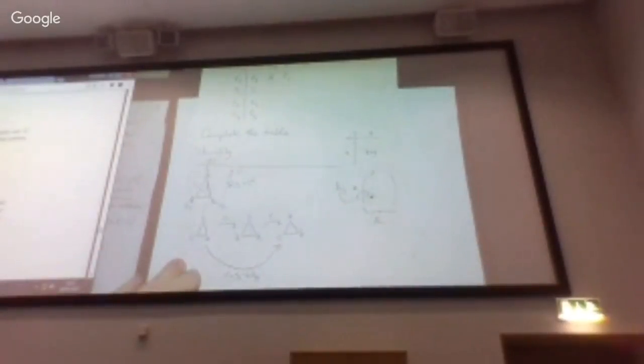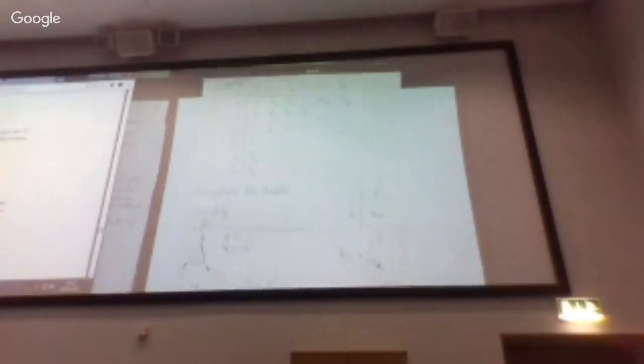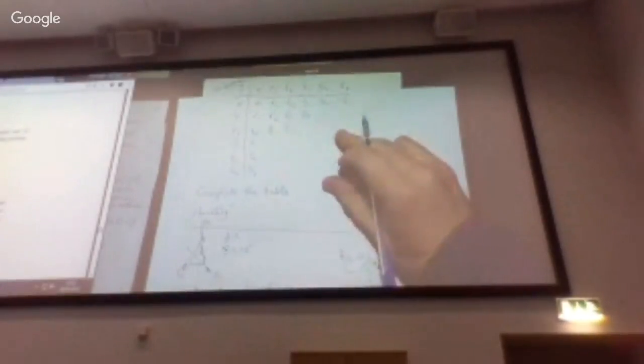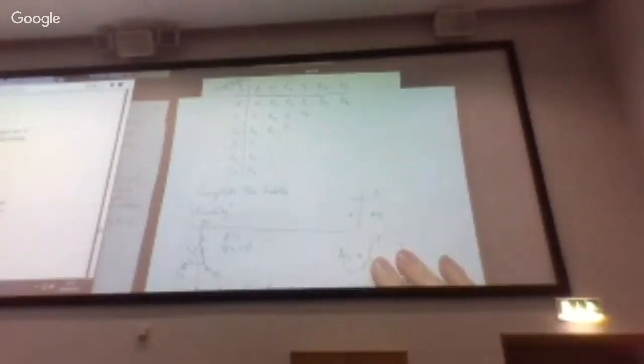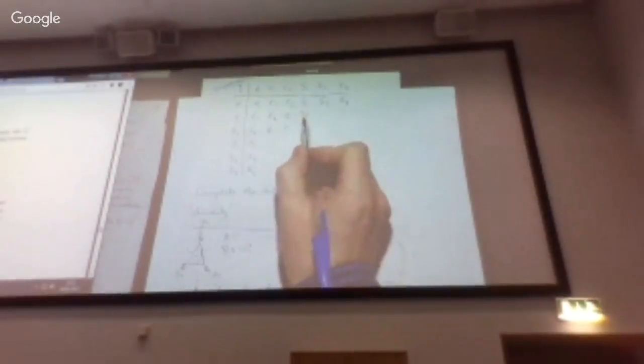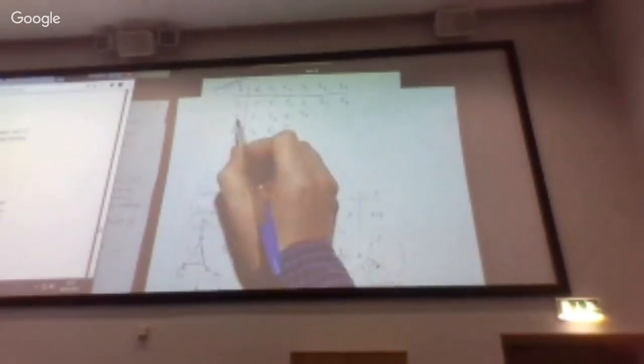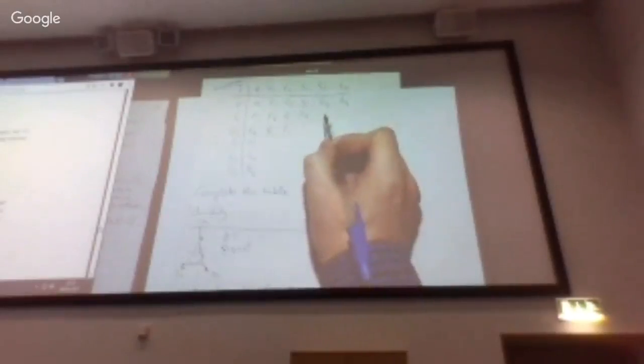And in principle, we've got to do that kind of thing to figure out all the other values. Except we can speed it up a little bit by using some consequences of the group axioms. Once I know that this is S3, this allows me to deduce what R1 after S2 is.